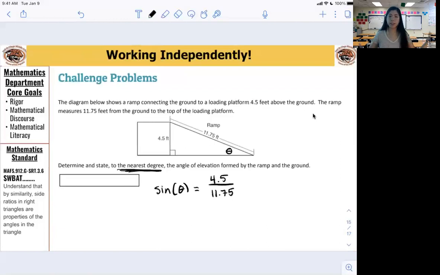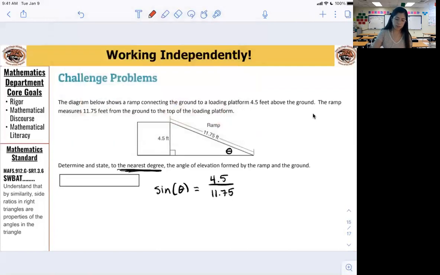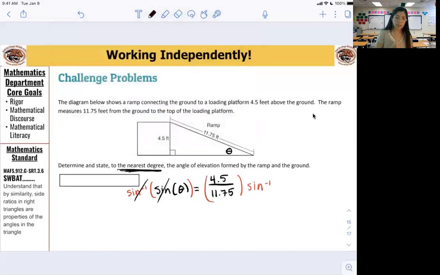Well, in order to break it out of the sine, you have to do the inverse sine of both sides. Okay, so I cancel out my sines. I'm left with theta equals the inverse sine of 4.5 over 11.75 using our calculators.